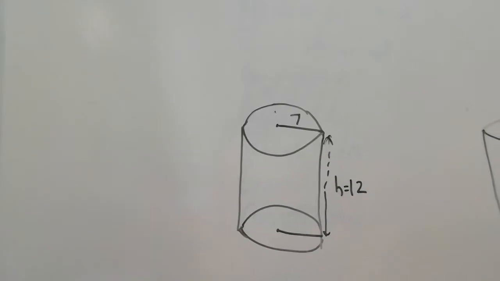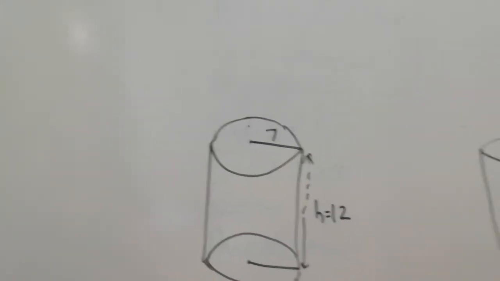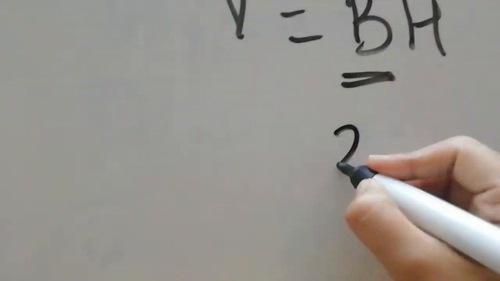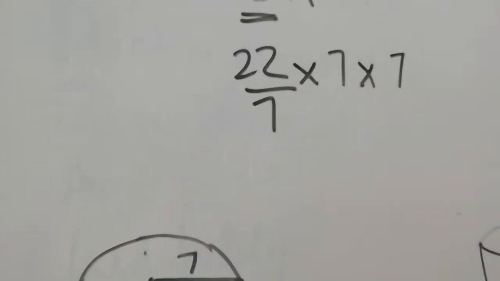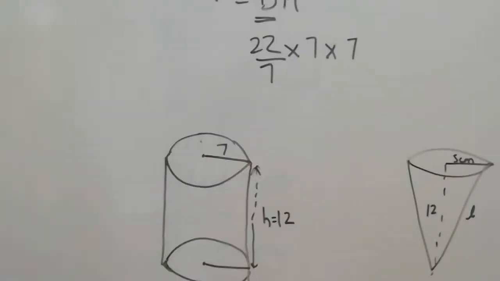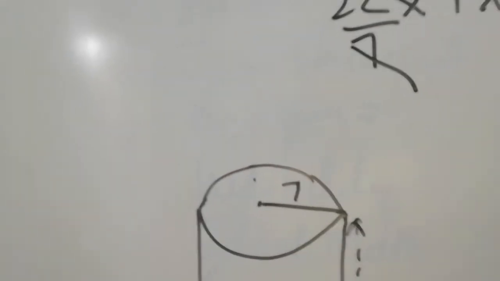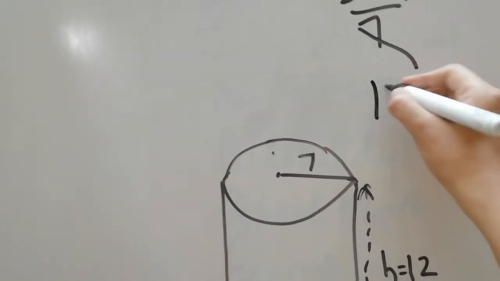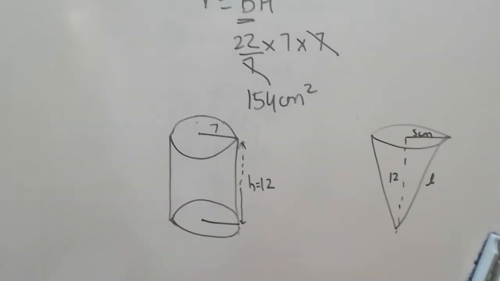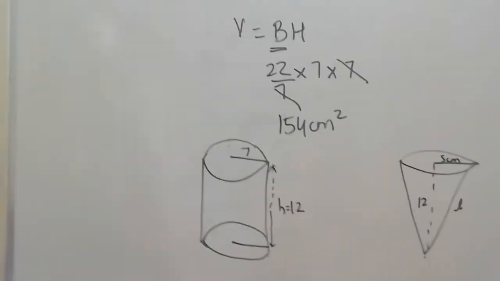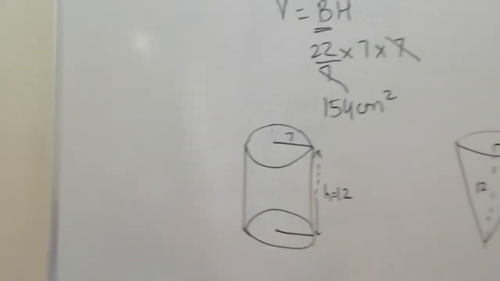Area of circle is pi r square. Now over here my r is 7, so it is 22 upon 7 into 7 into 7. You can take either 22 upon 7, or if you are working on your calculators, you can take 3.14. So your answer is 154 centimeters square. So this is my area of base, area of circle.